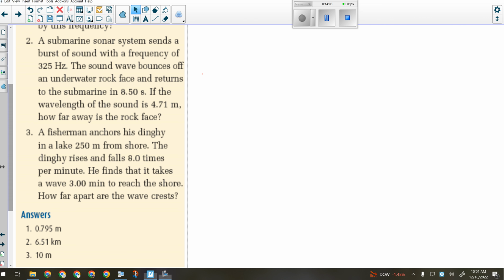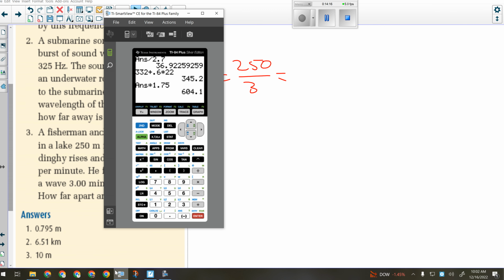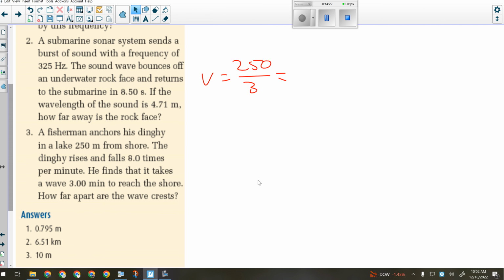So I want to calculate the speed of the waves. I'm going to go 250 meters divided by 3 minutes to get my speed in meters per minute, which is a ridiculous set of units to have it in, but for this question it will work. 83.3 meters per minute. Then I'm going to calculate the frequency because I know it goes up and down 8 times per minute, so that's 8 cycles per minute.